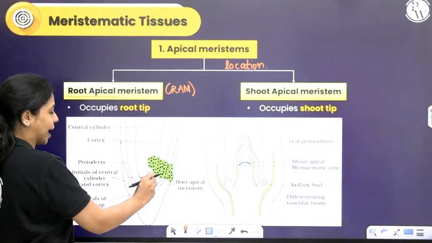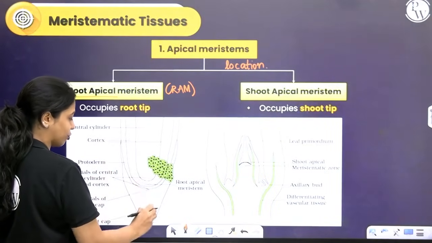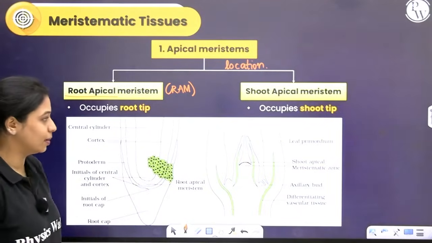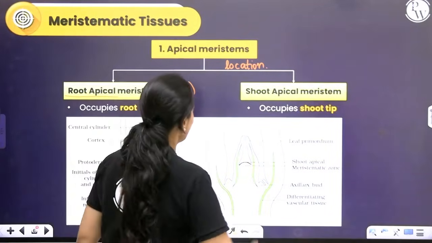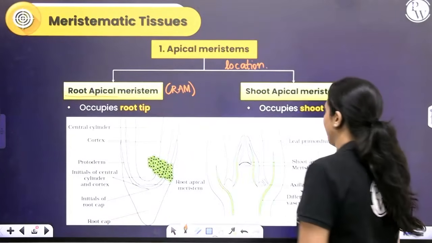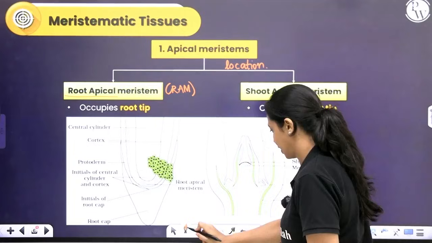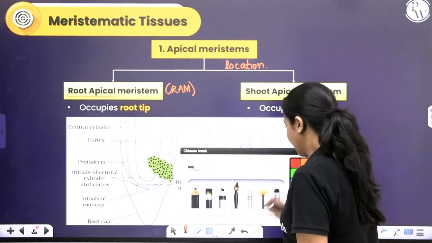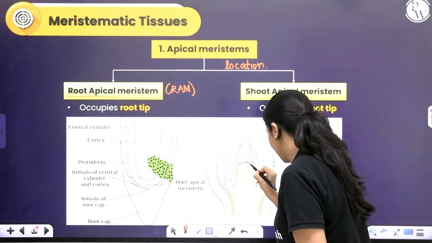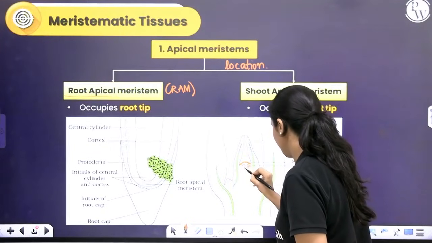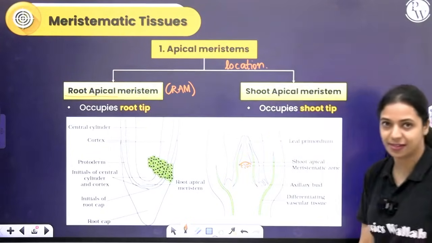There is a root cap in roots, and then there is a region of meristematic activity that itself represents the root apical meristem. Then, if it is present at the apex of the shoot or the tip of the shoot, as you can see in this case, then we call it shoot apical meristem. See here, all of these cells that are present at the tip, that is the shoot apical meristem.